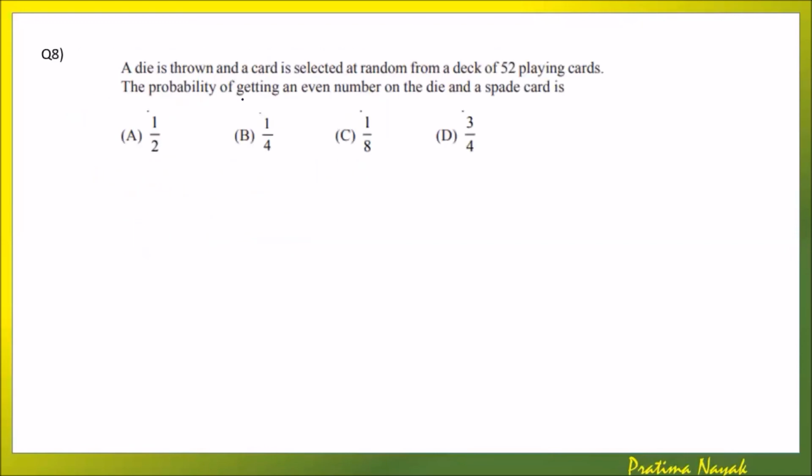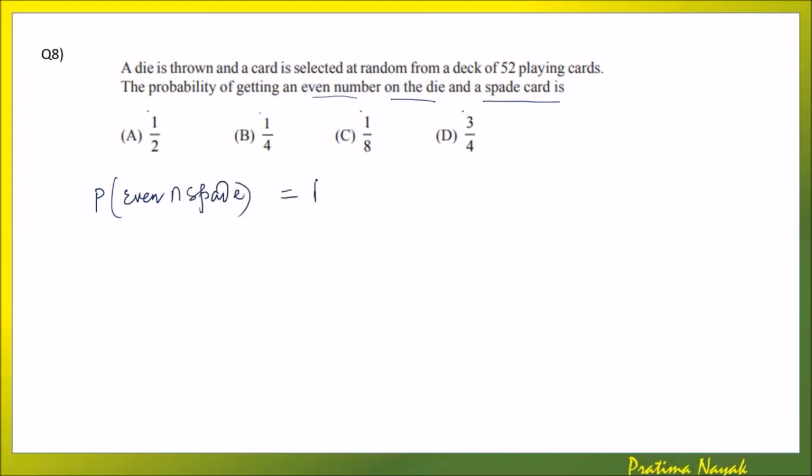Question number 8. A die is thrown. A card is selected at random from a deck of 52 playing cards. The probability of getting an even number on the die and a spade card. That means this is the probability of an even number as well as a spade. They are independent.